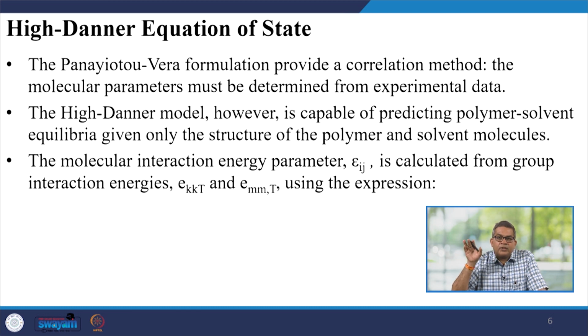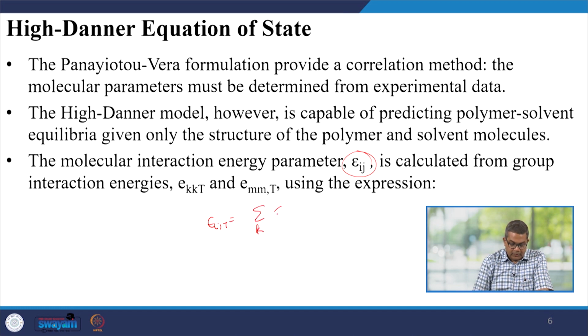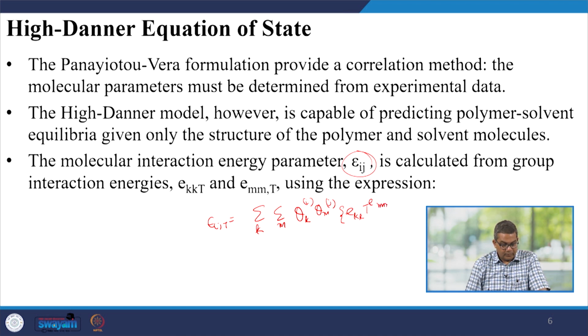So the molecular interaction energy parameter epsilon ij is calculated from the group interaction energies, that is E_KK(T) and E_MM(T), using the expression. Now we are going to give the expression. Epsilon ij(T) is equal to the sum of theta Ki, theta Mj and so on, with E_KK and E_MM(T) to the power half.